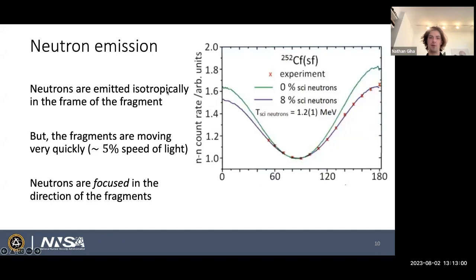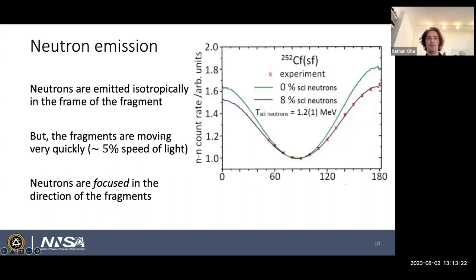In other words, an equal probability in every direction for the most part. And if you tallied up their energies, you would see that it was just a Maxwellian spectrum, just like a black body radiation, just based on the temperature of the fragment that was emitting them.